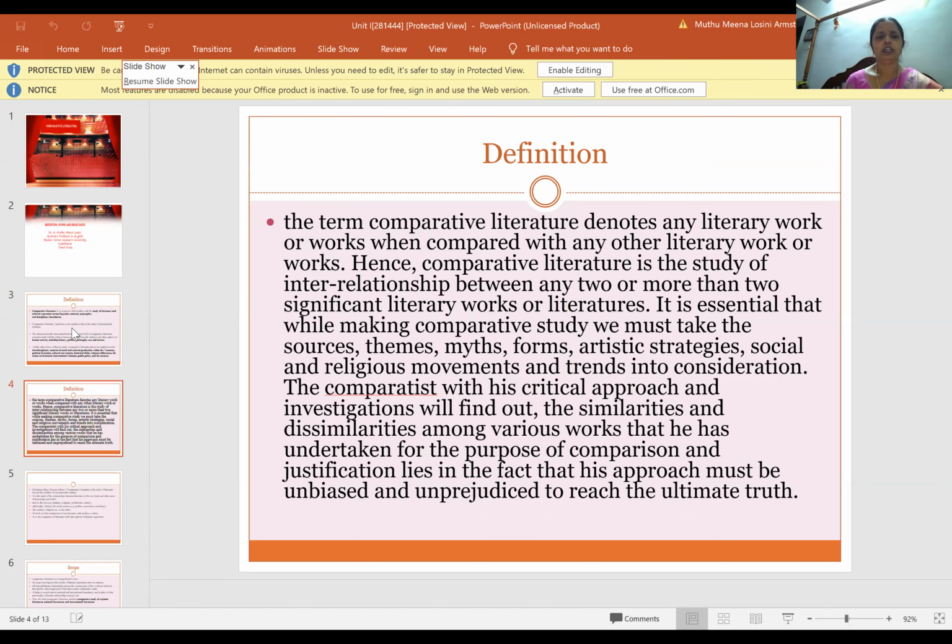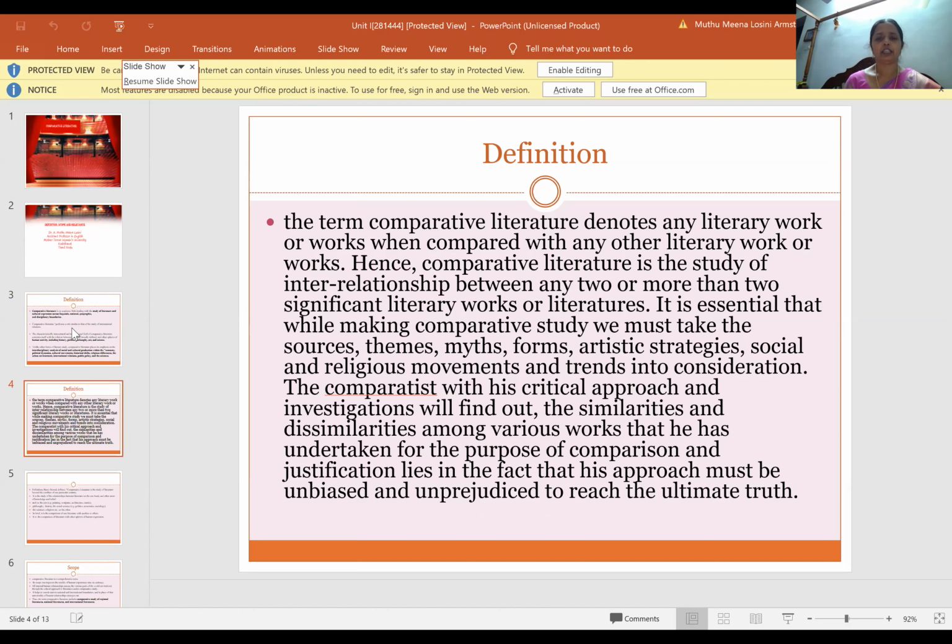The term comparative literature denotes any literary work or works when compared with any other literary work or works of any nation or any place. Hence, comparative literature is the study of interrelationship between any two or more than two significant literary works or literature.